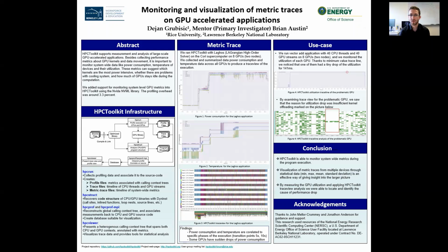And we were curious to see what happened then. Once we zoomed in on the view for that GPU stream in hpcviewer, we were able to see a drop of GPU kernel offloads, which is responsible for the drop in utilization. We can use this to examine different metrics in much more complex applications.